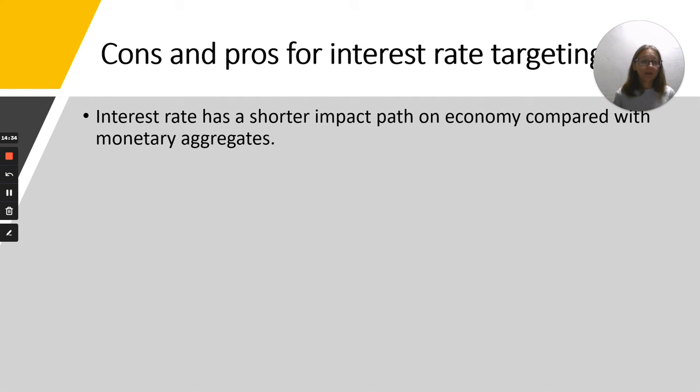But we see even more that central banks change the interest rate, or the discount rate, and they announce it. So they give the message to all the players in the economy about what the discount rate is now, how they changed it, and what changes in the economy could be expected.